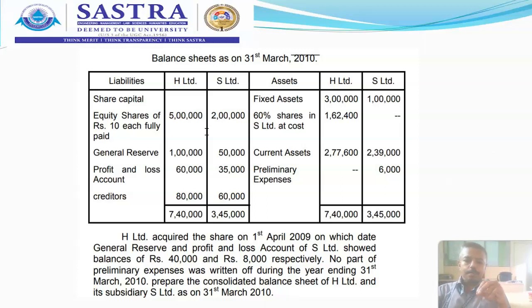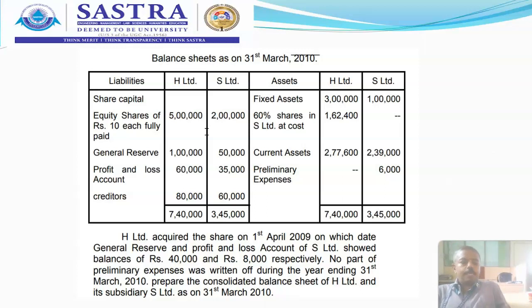Here the company is already incorporated as H Limited, but now H Limited is acquiring shares. So instead of incorporation you can say before acquisition and after acquisition. Whatever profit we gained before the acquisition we call a capital profit, and the profit we gained after the date of acquisition of shares by H Limited we call a revenue profit.